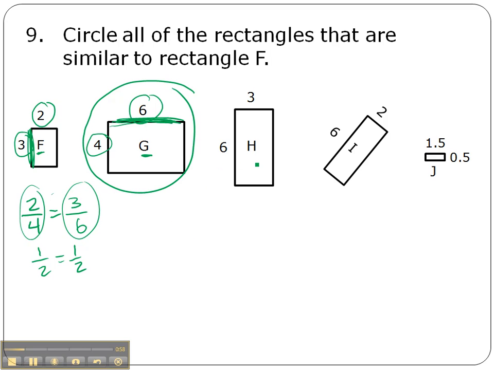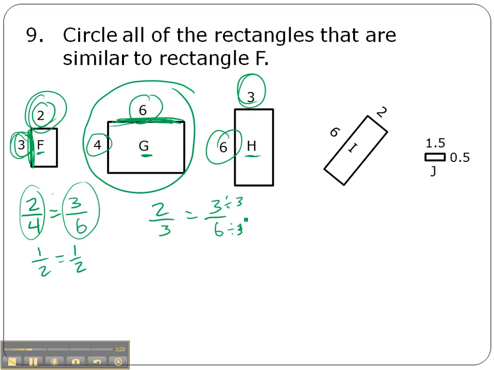If we do the same thing comparing F to H, we compare the smallest sides, 2 and 3. 2 to 3 equals 3 to 6. Well, that's not true, because 3 over 6, if you simplify it, equals 1/2, and 2/3 does not equal 1/2.